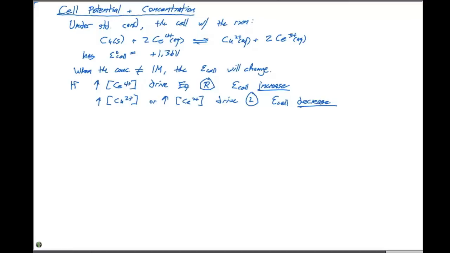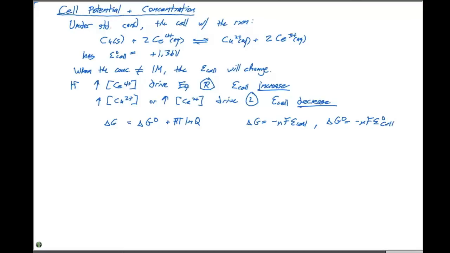What we do know is that from the thermodynamics chapter, we have ΔG is equal to ΔG naught plus RT ln Q. And this is our Gibbs free energy reaction under any set of conditions. We also know that ΔG is equal to minus nFE cell, and that ΔG naught is equal to minus nFE naught cell.